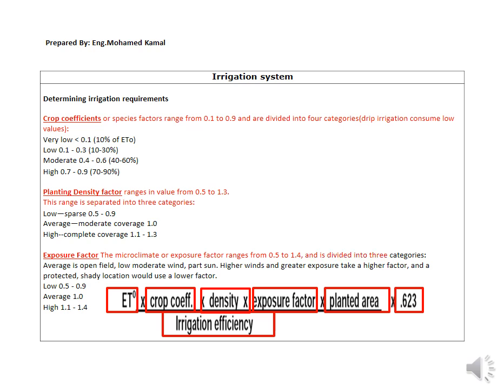While for the exposure factor, the microclimate and exposure factor ranges from 0.5 to 1.4 and is divided into three main categories. Average is open field, low to moderate wind, part sun. Higher wind and greater exposure take a high factor, and protected or shaded spaces may use a low factor.